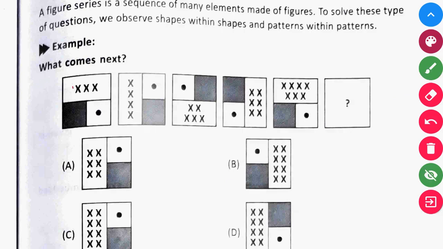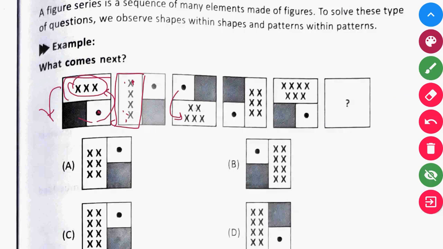Now again see, here three cross signs are there. One of the squares is dotted and one of the squares is shaded. Now this figure moves anti-clockwise. The horizontal portion becomes vertical and the number of cross signs increases. It becomes 4.